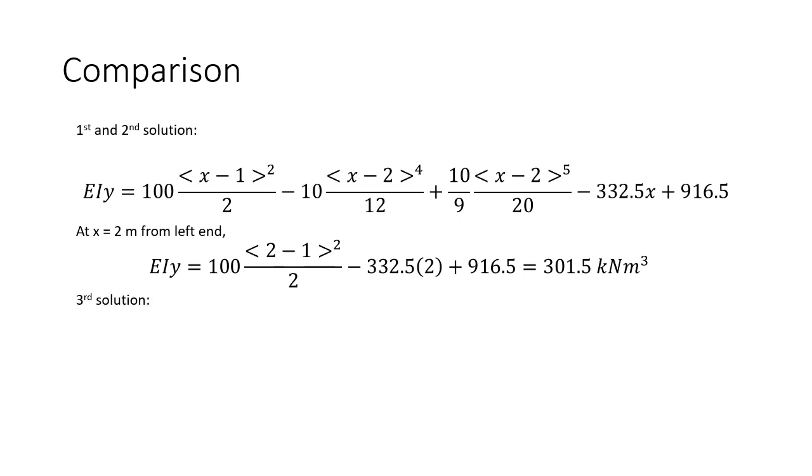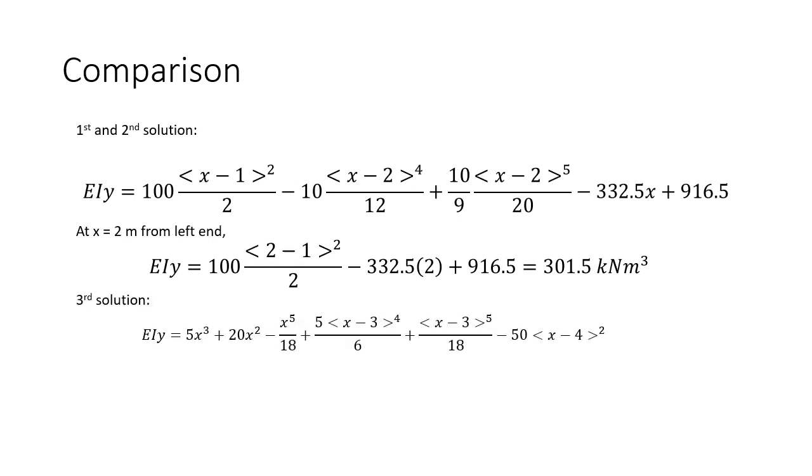Now for the third solution, this is our equation for EIY, quite different from the equation for the first and second solution. We would be getting the EIY at the same point, 2 meters from the left end. However, again, I reiterate, you would have to substitute x is equal to 3 to this equation because x is equal to 0 is at the rightmost end.